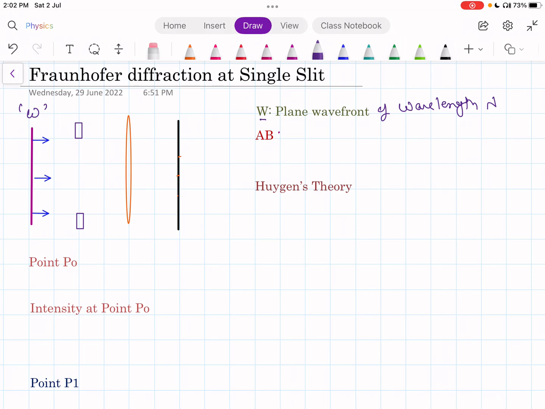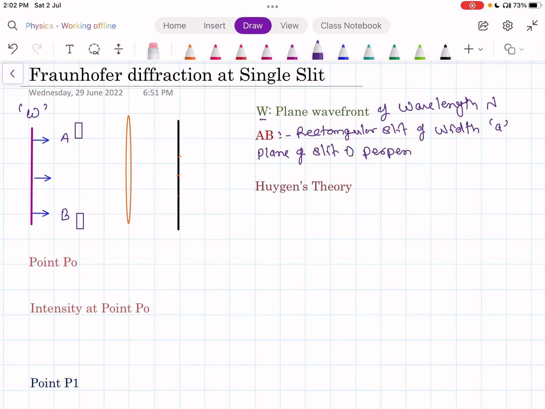and there is a slit AB over here, and this AB is rectangular slit of width A. Width of the slit is A, and plane of slit is perpendicular to plane of paper.